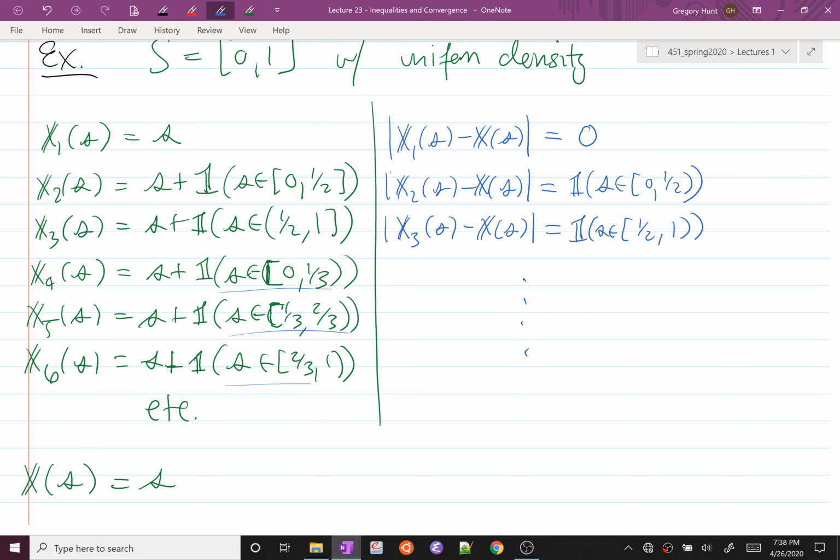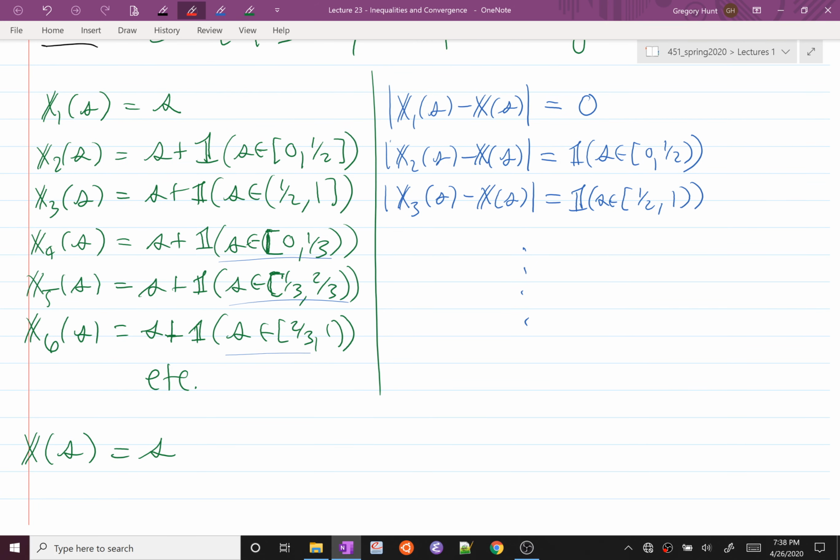And so if I want to look at convergence in probability, I want to look at the probability.